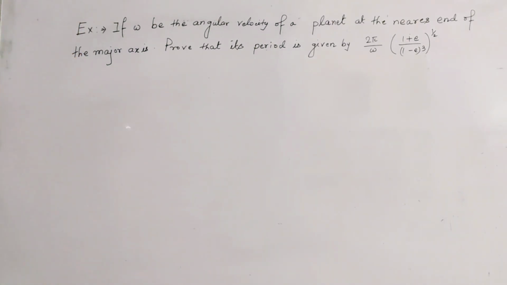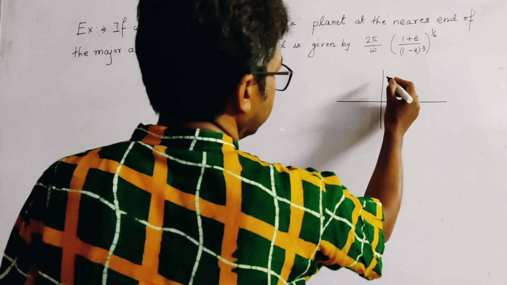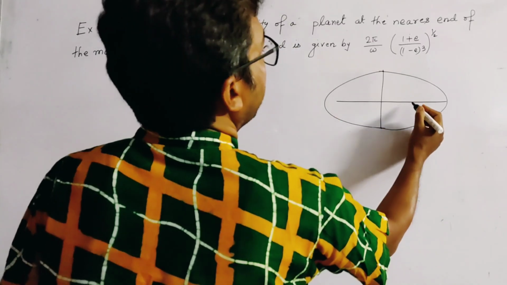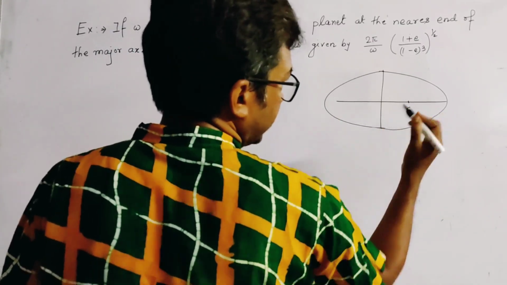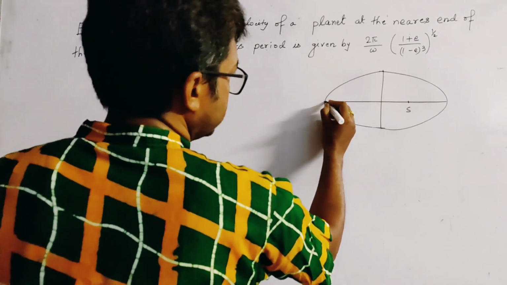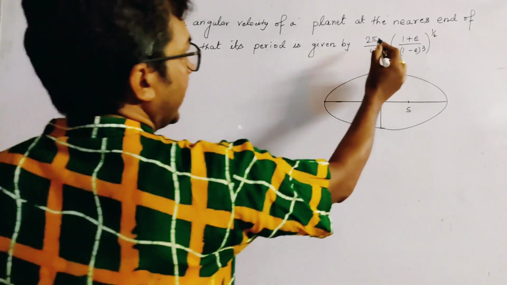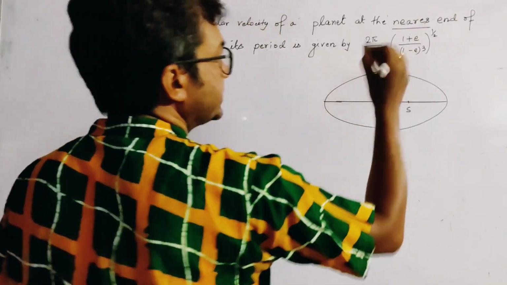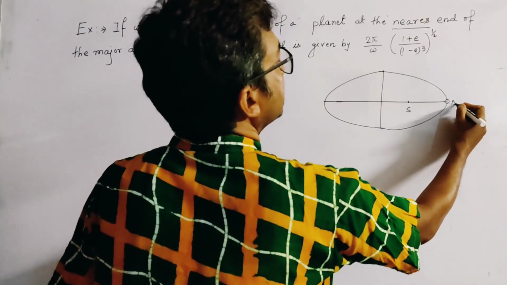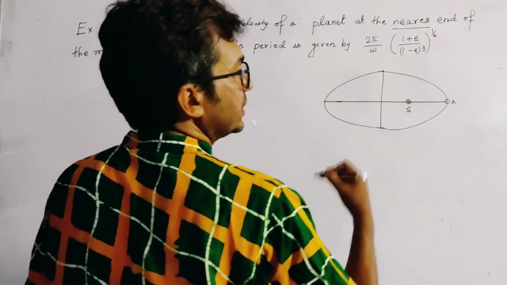Now we draw a rough sketch of the elliptic orbit, like this. This is the orbit, and let this be the position of S, the sun, which is one of the foci, and the planet is at the nearest end of the major axis, that is at A. Here is the planet and here is the sun.